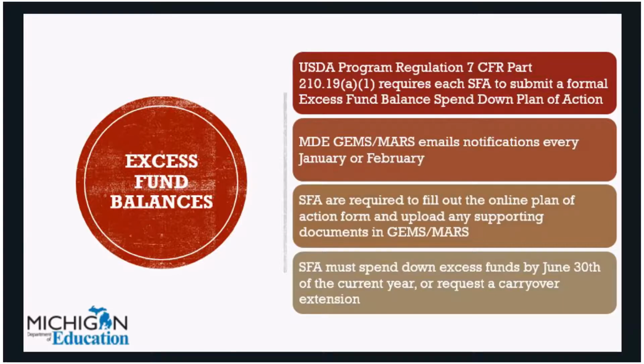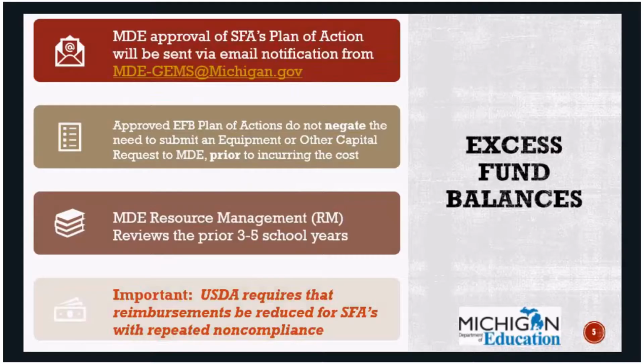The SFA's carryover extension request must be submitted through the GEMS Mars application for excess fund balances. Once an SFA submits a plan of action into GEMS Mars, the SFA will receive MDE's letter of approval in the form of an email from GEMS Mars to the superintendent, business manager, and food service director.